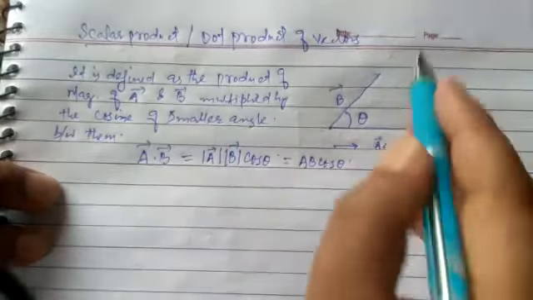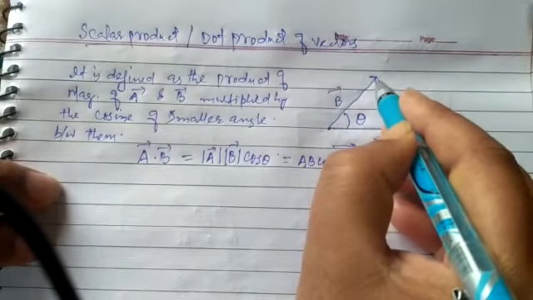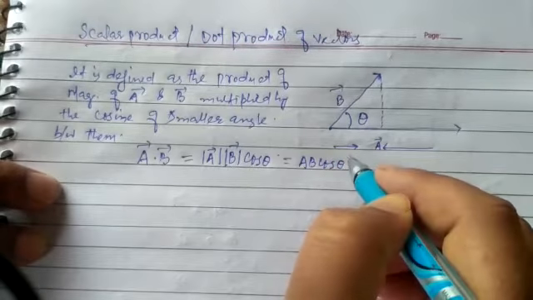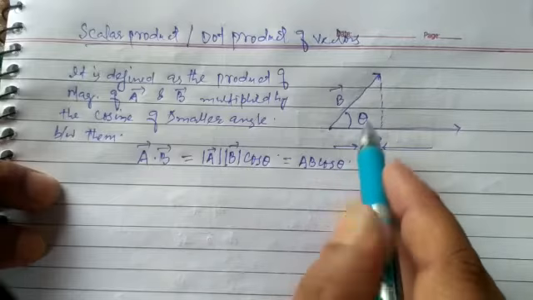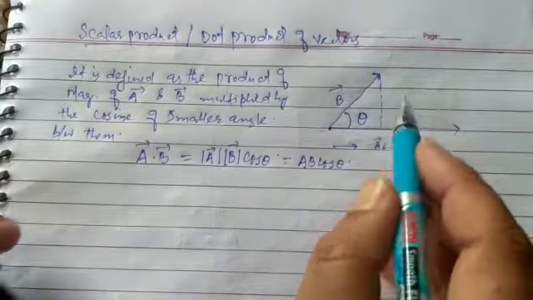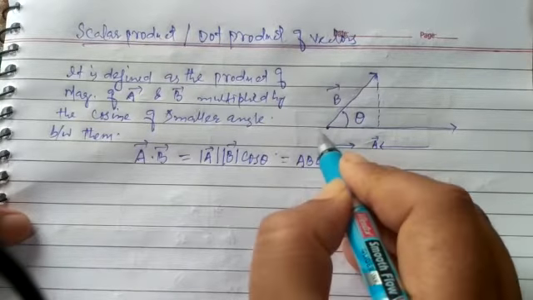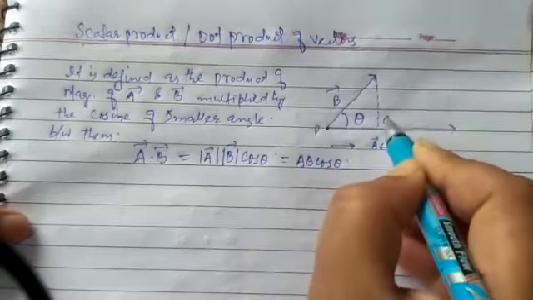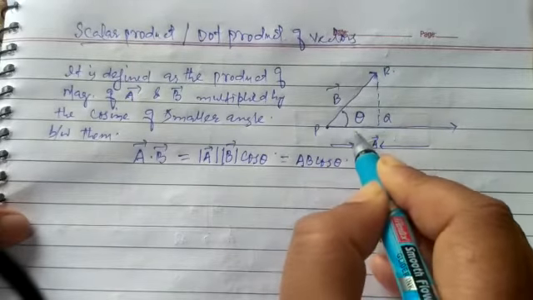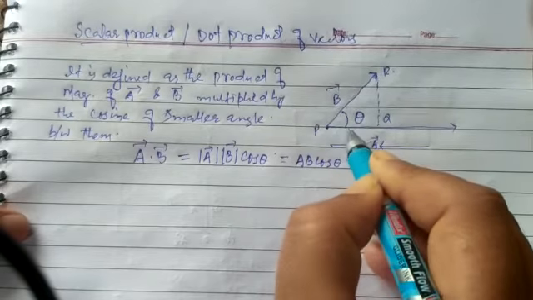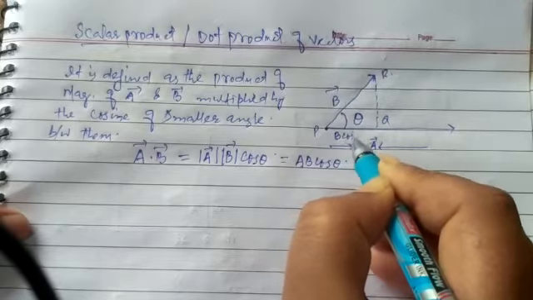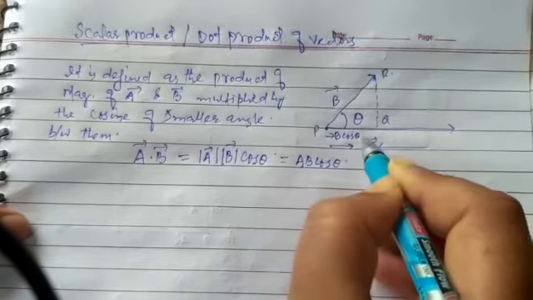Or you can define it as in the figure. If you draw a perpendicular on this vector A, how much will it be from this point up to this? In this triangle PQR, the relation of the base with the hypotenuse is the hypotenuse times cos theta, so B cos theta.